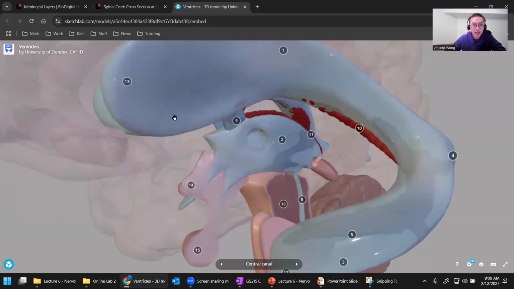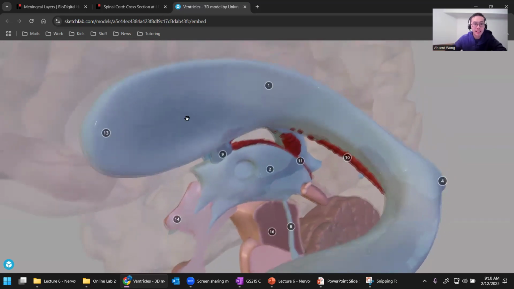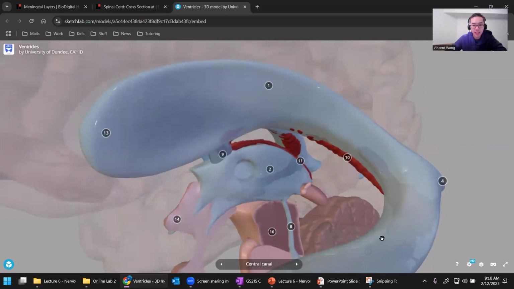Okay, so I cannot draw on this, but listen, right? Inside this lateral ventricles, you would have the choroid plexus, the spongy tissue I was talking about, and then that would keep on making CSF continuously. All the CSF is going to fill up the entire lateral ventricle, and when it's full, the CSF needs to go somewhere.